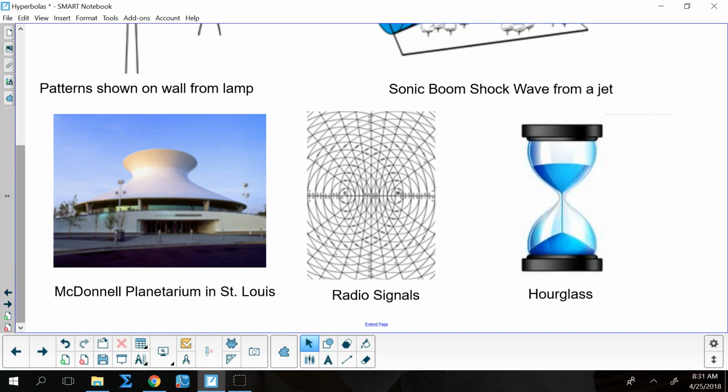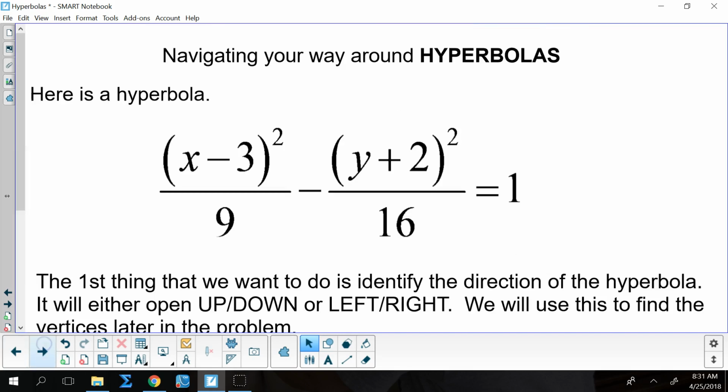Alright, let's do this. So here's our hyperbola. We're going to graph that bad boy. So x minus 3 quantity squared over 9 minus y plus 2 quantity squared over 16 is equal to 1. The very first thing that we have to do, even before we get into the steps of graphing it, is figure out if this is a left-right or an up-down.